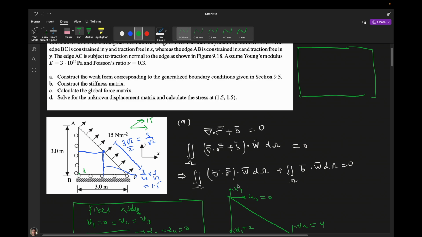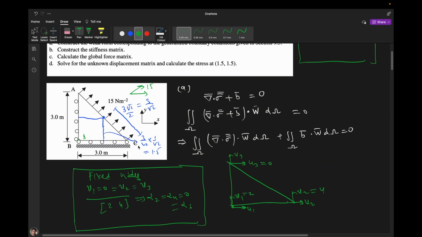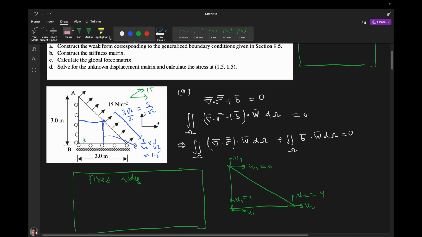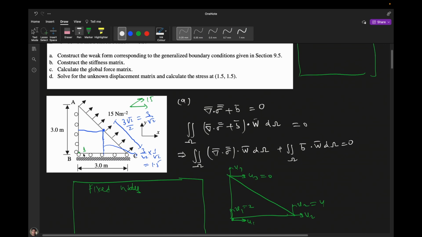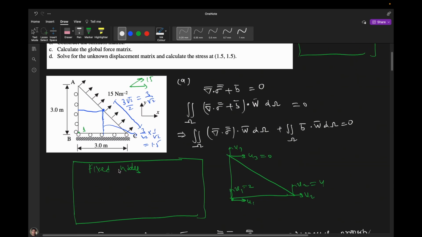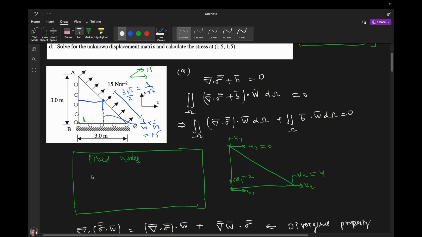V3, I mean this is not constrained in vertical direction. I think we have made some mistake. This whole AB is constrained in x direction, which means that U3 will be 0 and U1 equal to 0.